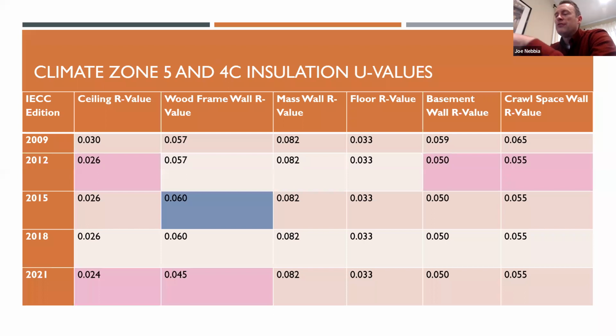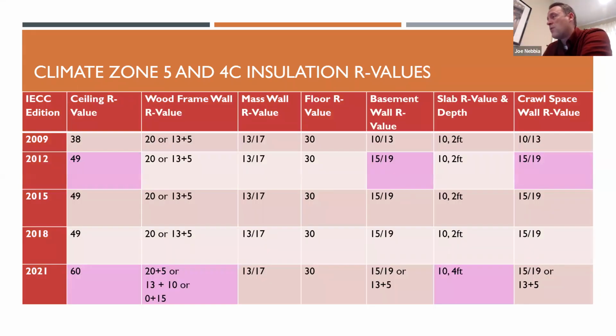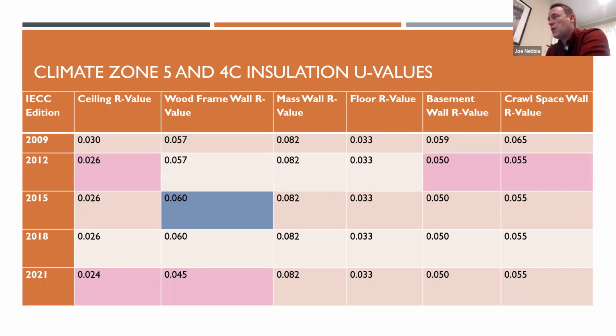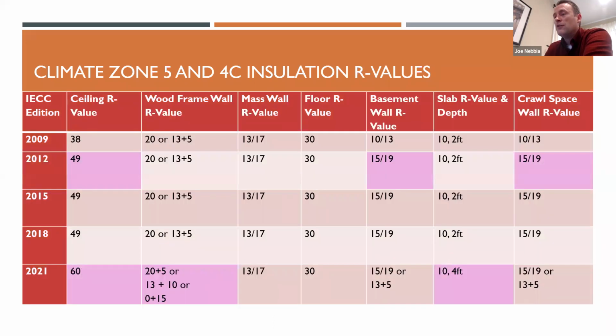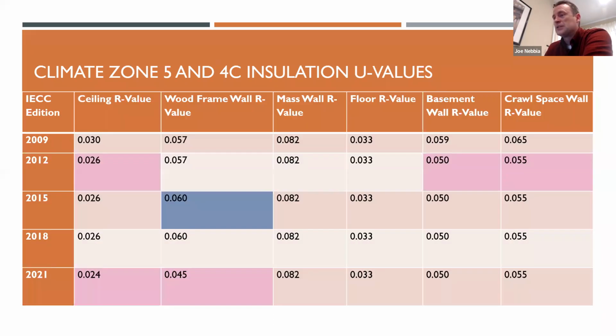One thing I'll point out here in all of these slides that have this gray highlighting in 2015 for the wood frame wall U value, that should say U value in this table, not R value, but the U value there changes from a 0.57 to a 0.60, not because we had a change in the required R value, but because there was a code change that successfully argued that the correct U value for an R20 or 13 plus 5 should be a 0.060, not a 0.057. So it didn't really change the amount of insulation we have to have. It gave a different U value credit for that amount of insulation.